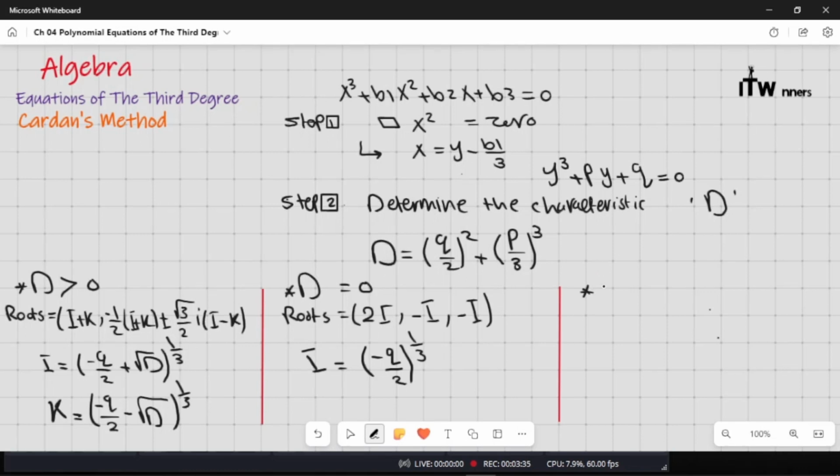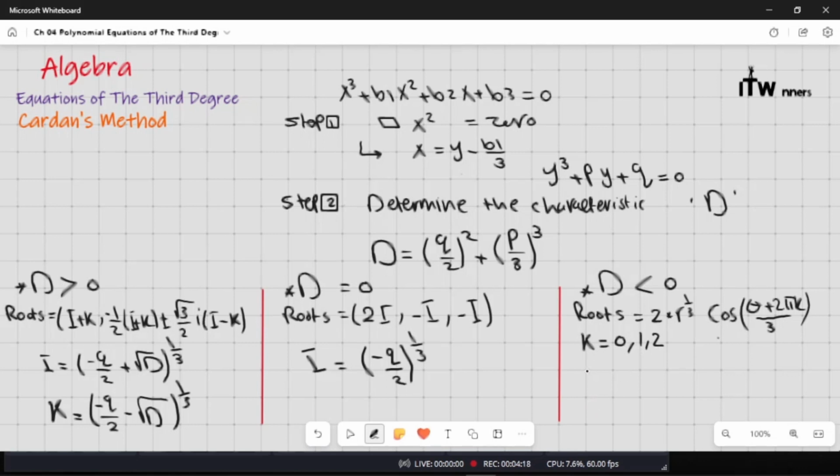The third case is d less than 0. Our roots are equal to 2 times the cube root of r times cosine of (theta plus 2 pi k) by 3, where k for the three roots equals 0, 1, 2.